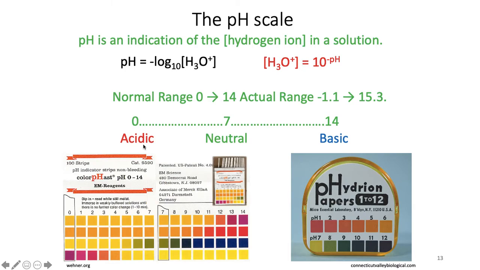If you have an acidic solution, that means that you have more H3O plus ions than you do OH minus ions. So you have an excess of H3O plus. And remember, Kw is equal to H3O plus times OH minus. If H3O plus goes up, OH minus has to go down to keep their product equal to the same constant, 1 times 10 to the minus 14.